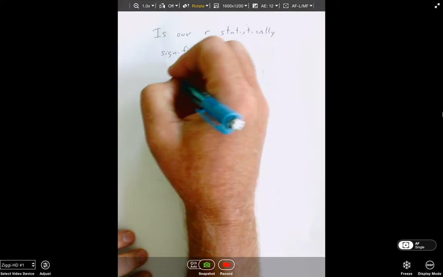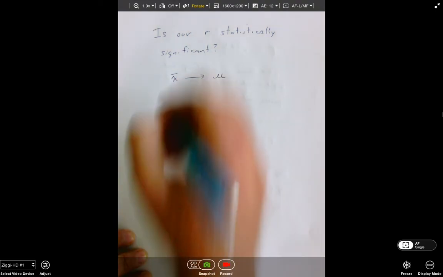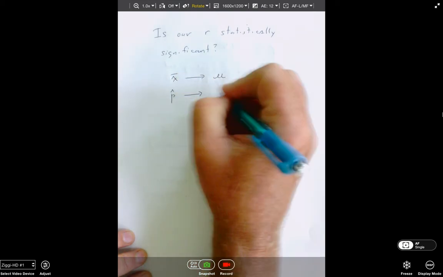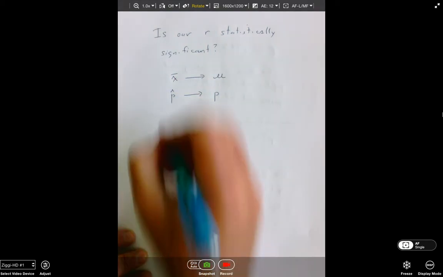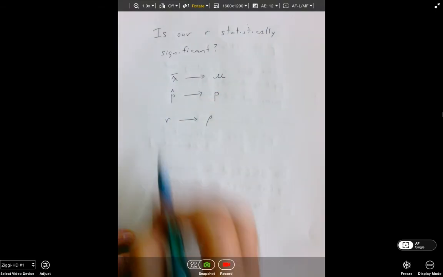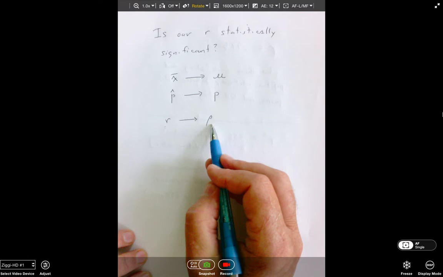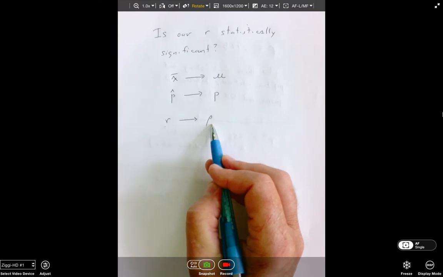Now, much like X bar could be used to predict mu, much like P hat could be used to predict P, this R value can be used to predict rho. This is the sample correlation coefficient. This is the correlation coefficient for this group of quarterbacks only, but there is a correlation coefficient out there that describes the relationship for all quarterbacks, between their quarterback rating and their number of touchdown passes.